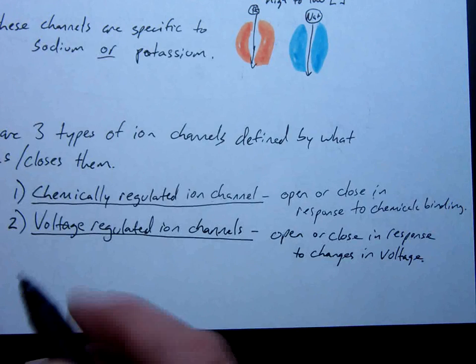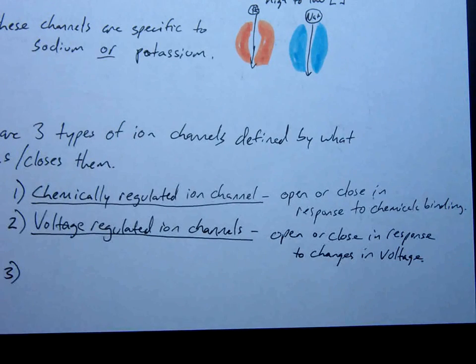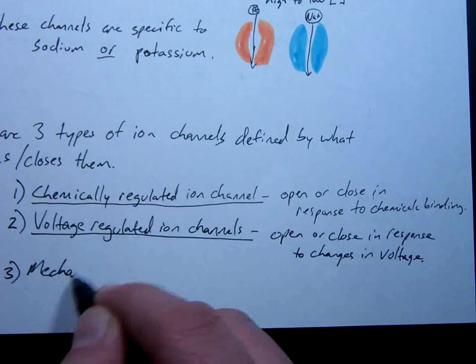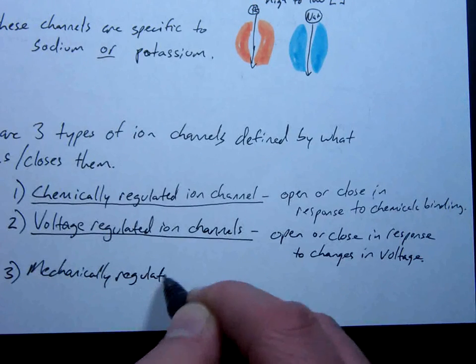The last one here is handy to you right now, so you can sense how much pressure your fingertips are holding your pen with, and it's this: mechanically regulated ion channels.